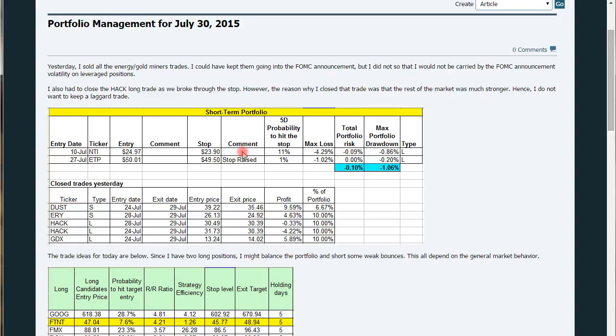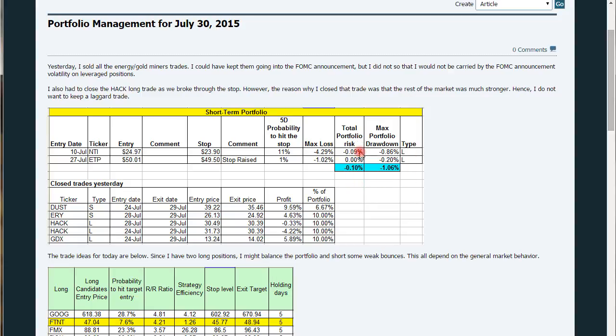Okay, you can see here for NTY that the stop is close by. We have 11% probability to hit the stop in the next 5 days. And if we hit the stop, the loss would be about 4.3%, which basically makes a risk of 0.09% on the portfolio for the next 5 days.